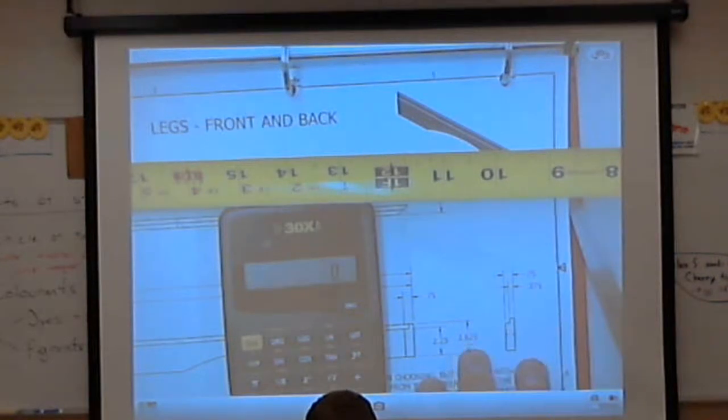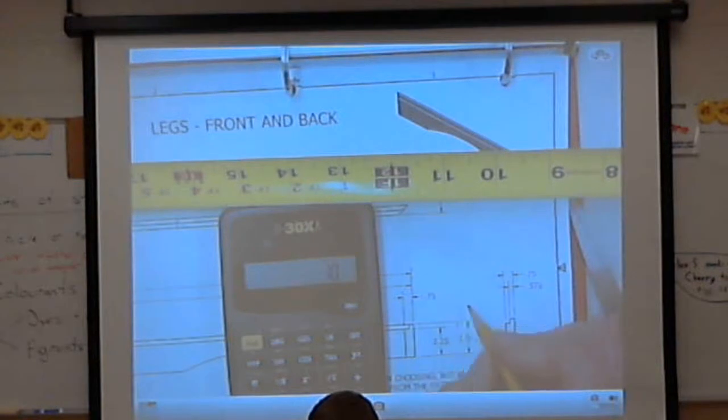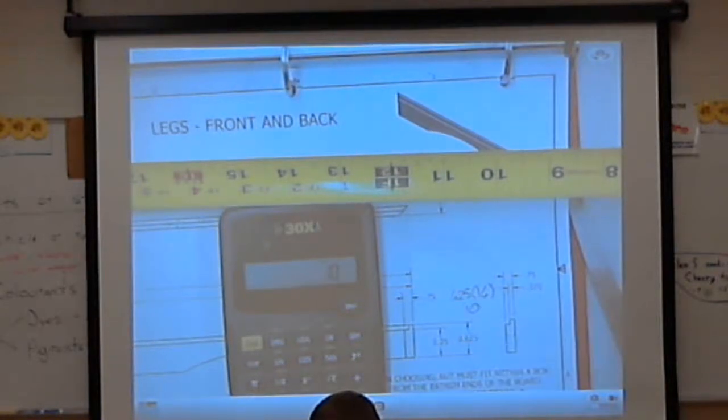So when I have 0.625, I'm going to take the decimal 0.625 and multiply by 16. That ends up giving me 10. What that's saying is that is 10/16.